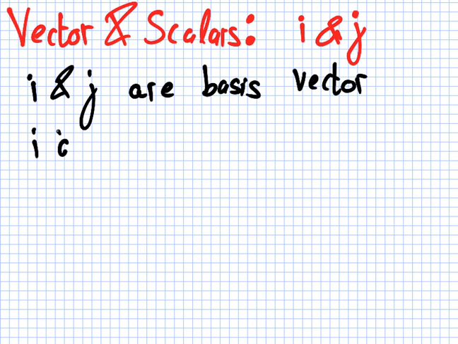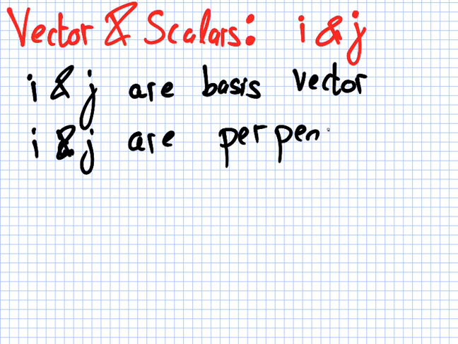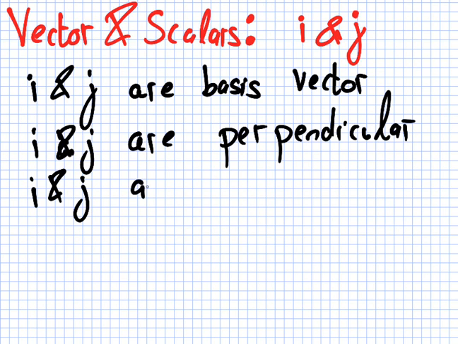I and J are perpendicular. You remember this word from math class? Yeah. I and J are perpendicular, and finally I and J are 1 unit long.